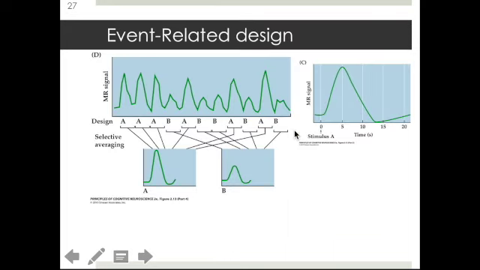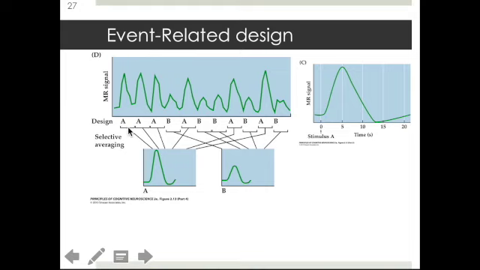In contrast to block design, event-related design is another way in which you can better visualize how the brain responds to certain stimuli. For event-related design, you present different stimuli in an interleaved manner, in a more spaced out way.